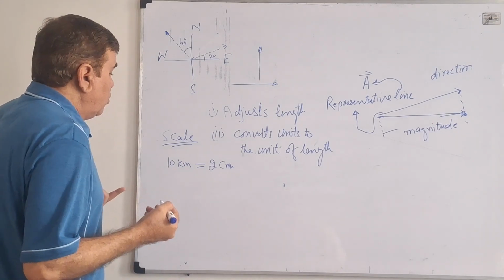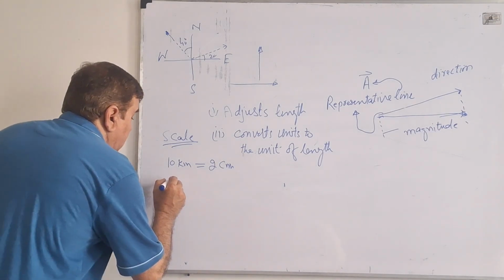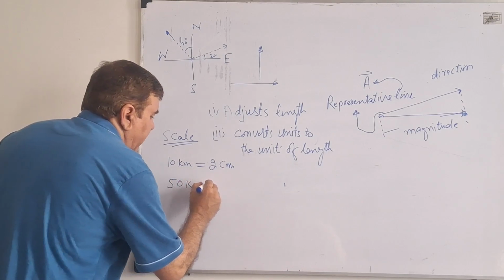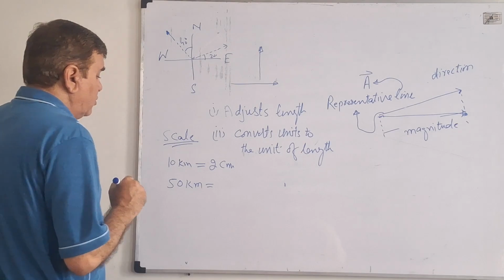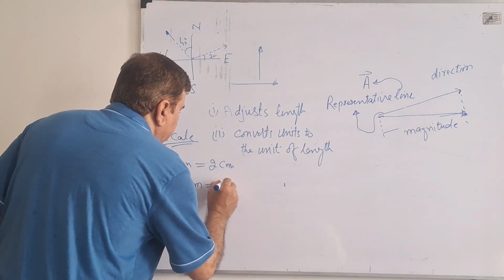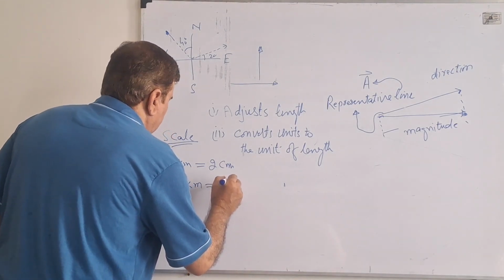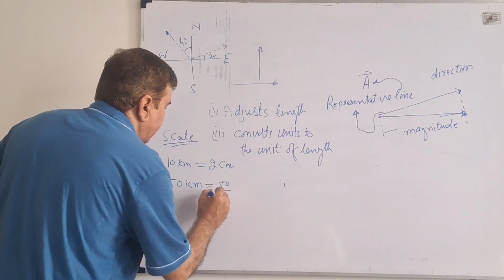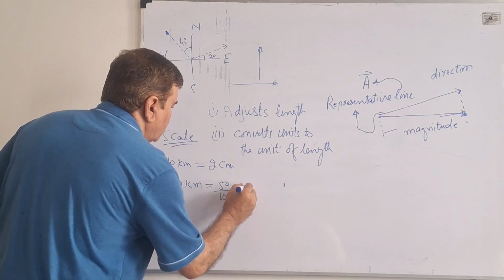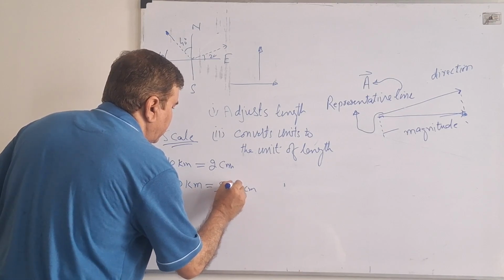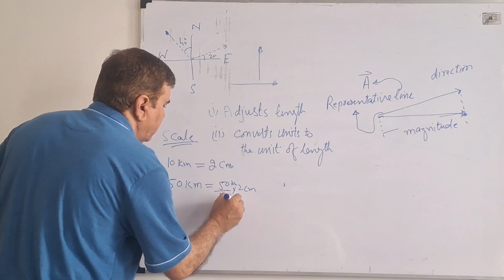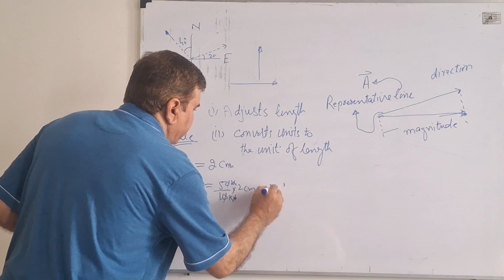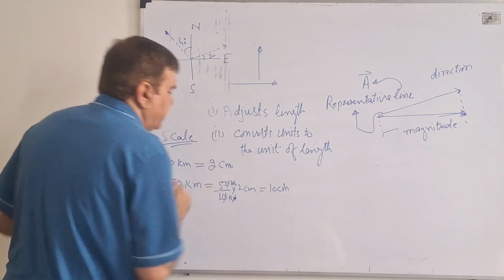Then let's say I'm dealing with another displacement of 50 kilometers, then this will equal 50 divided by 10 into 2 centimeters. There will be kilometer here and kilometer there, so that kilometer cancels with this kilometer. So with this, I would be left with 10 centimeters.